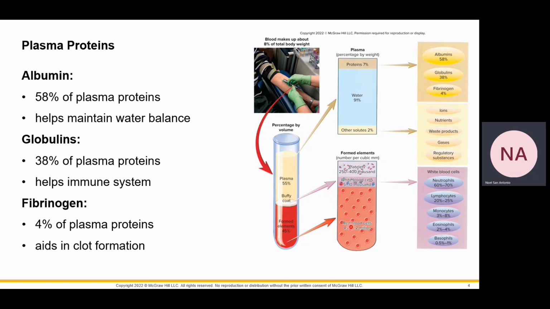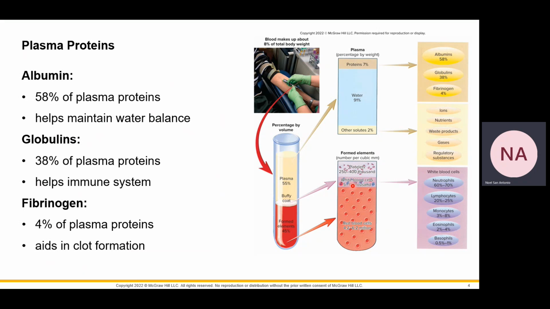So the order from the most numerous to the least is red blood cells, platelets, and white blood cells. Okay? We will be discussing the details of each component or formed element of the blood later.